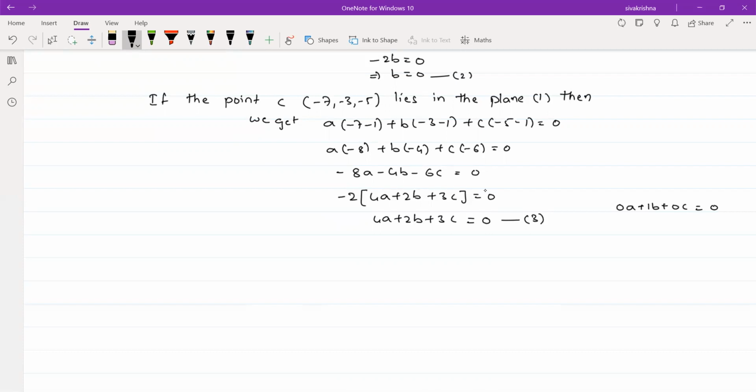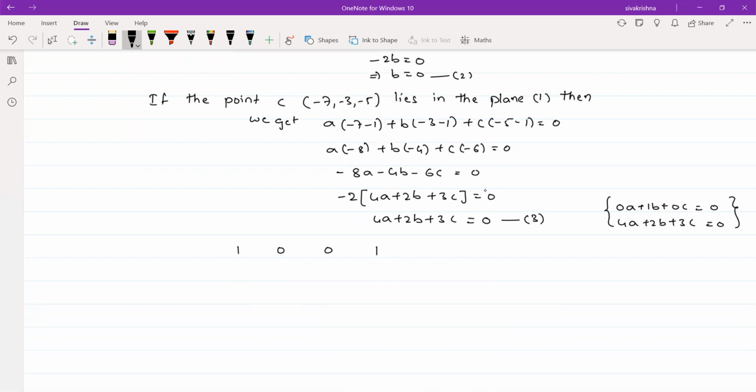And in equation 3 we are having 4a + 2b + 3c = 0. We already know how to solve the variables by using the YCX method. We have to start with the coefficient of the second variable in the first equation, so we write 1, then 0, then 0, and once again 1.